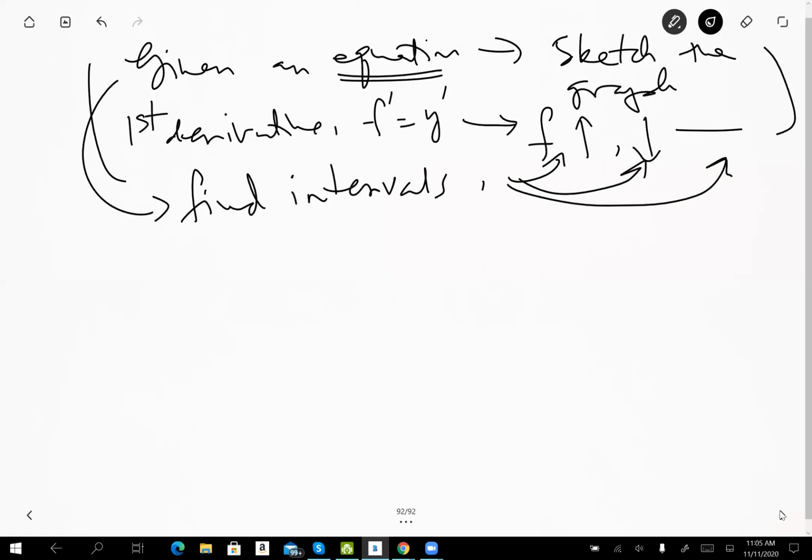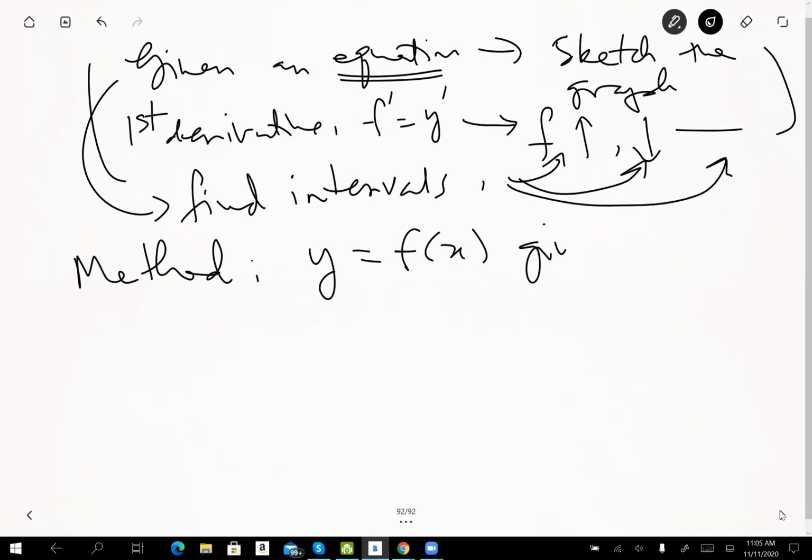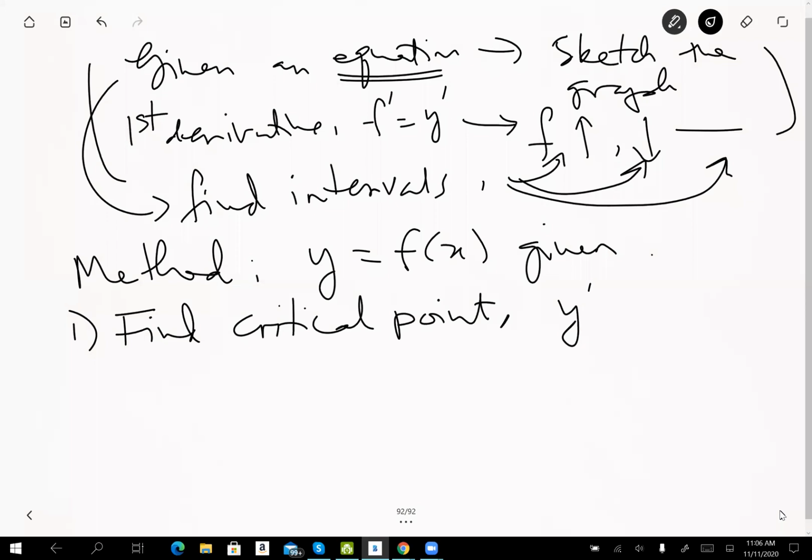How do we do that? This is the method. Given an equation, y is a function of x. What you do first is find the critical point, because the critical point is the one that determines the intervals. So first, you need to find the critical point where y prime equals f prime of x equals 0.